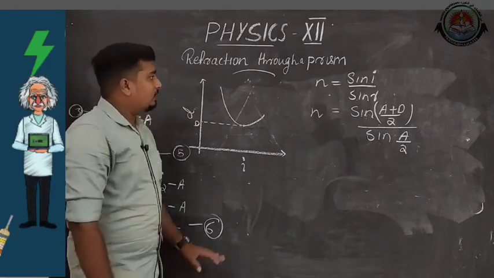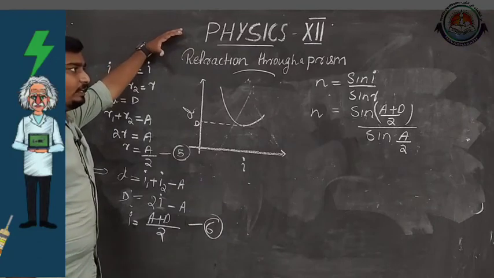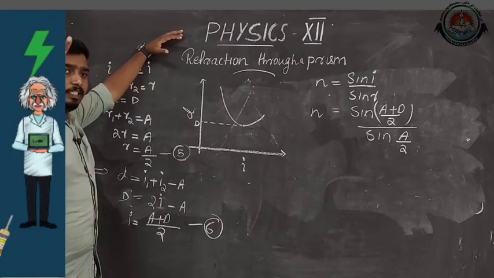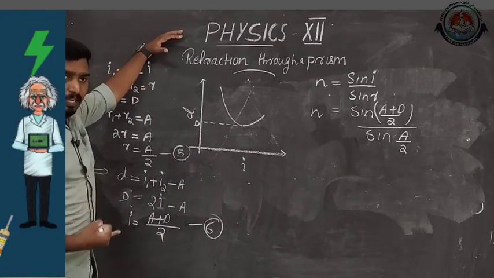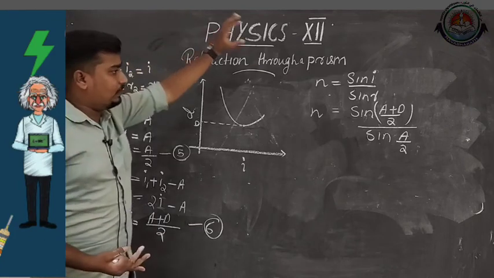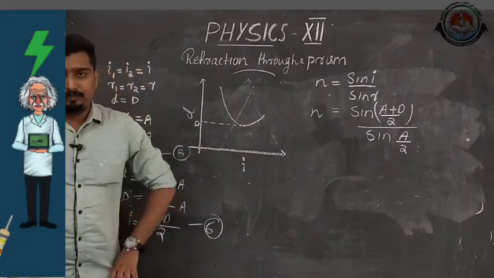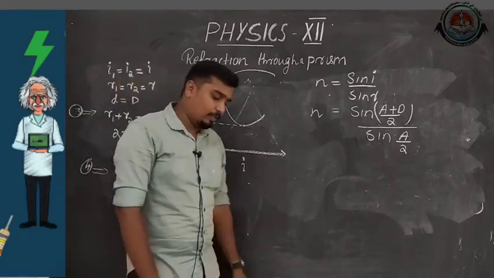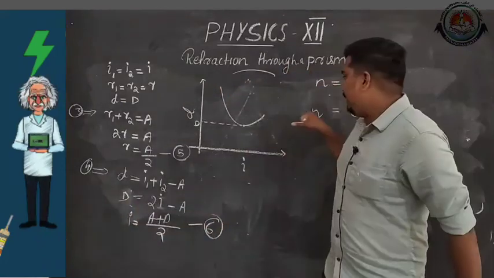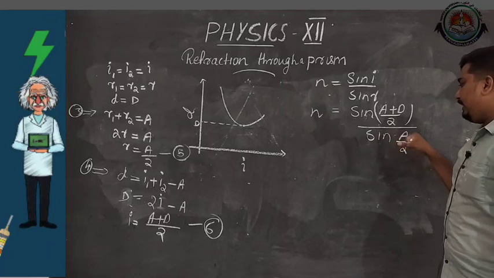From this session, refraction through a prism, we studied the angle of deviation and the angle of minimum deviation. And the third one is the refractive index in the case of a glass prism. The refractive index of a glass prism, N equals sin of A plus D by 2 divided by sin A by 2.